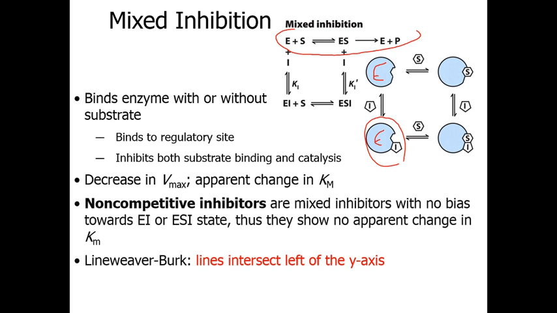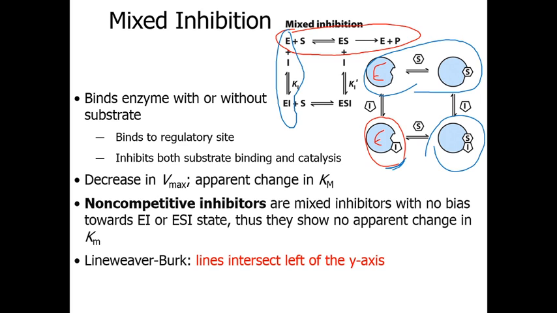If this is the original scheme and this is the inhibitor scheme, this EI complex can then bind a substrate to form ESI, or the enzyme can form an ES complex first and the inhibitor can bind to form the ESI complex. So this inhibition is a classic case where it doesn't show any bias towards binding to enzyme or the substrate.